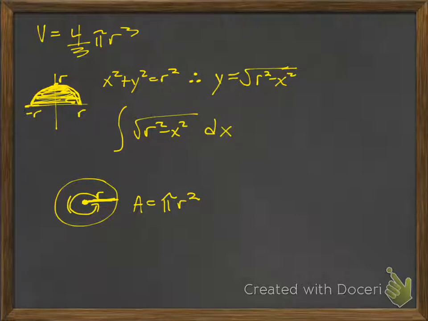But if I want to get the volume and I want to spin this thing around, I do like I did for my radius down in that previous problem. I'm going to square it and take it times pi. So if I square this thing and take it times pi, that gives me the volume of rotating this little half circle around the x-axis. We're just going to spin it around, right? Take that thing and spin it. You've seen this before.